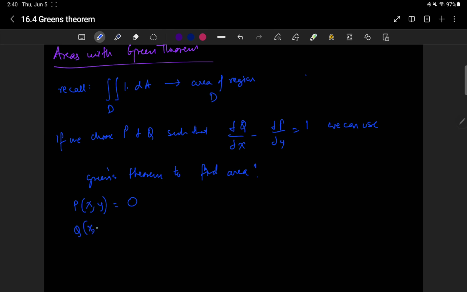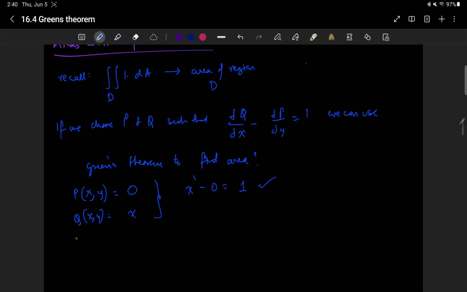And if I choose my Q(x,y) to be x, then we have x prime minus 0, which is 1. So that works. We can also choose P(x,y) to be negative y and Q to be 0, because then you have 0 minus negative y prime, which is also 1.